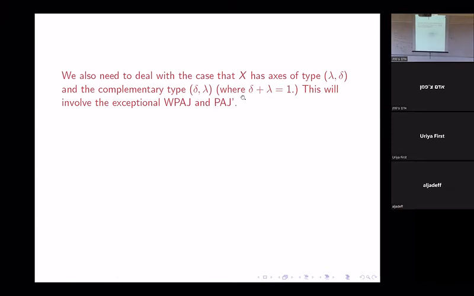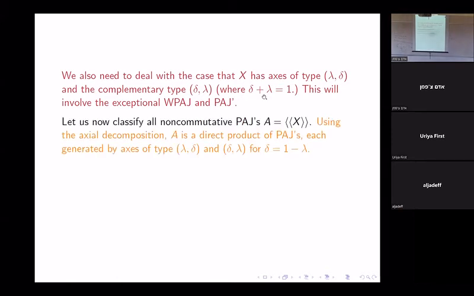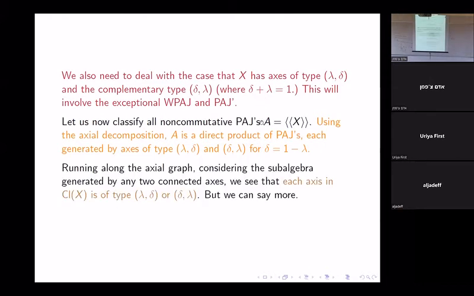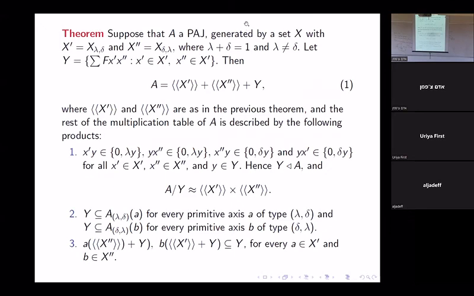It's very interesting that you get it. So we have all the non-commutative ones, and this gives you a complete description of non-commutative axial algebras.